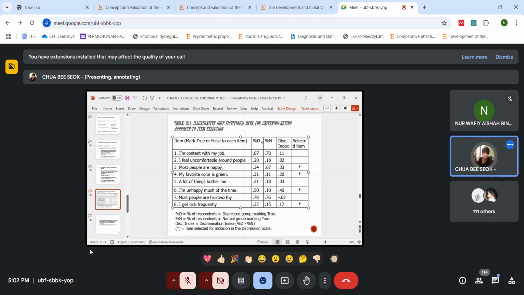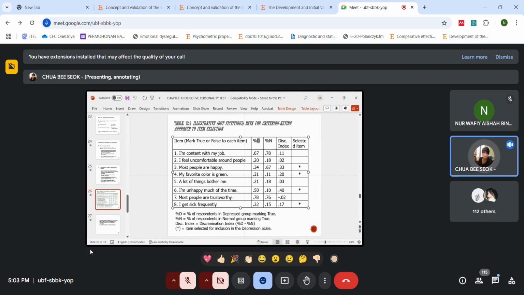So this item can differentiate, because most people in the depression group are not happy. The discriminant index is high compared to item 2, which has only 0.02.